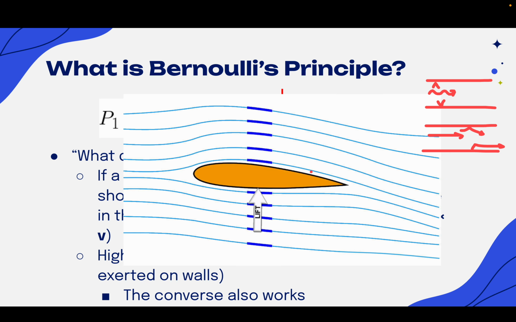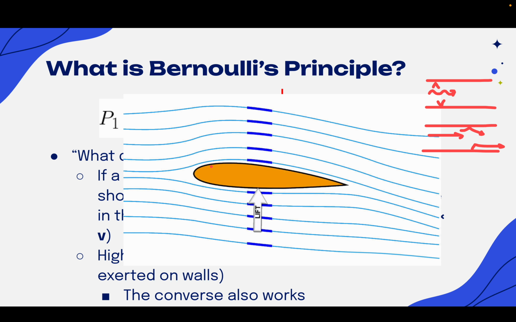And this can explain how lift is created in airplane wings. The airfoil is designed so that more air particles go down the lower side of the airfoil than the upper side.